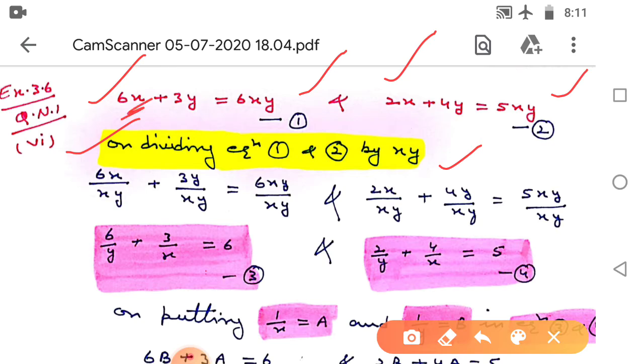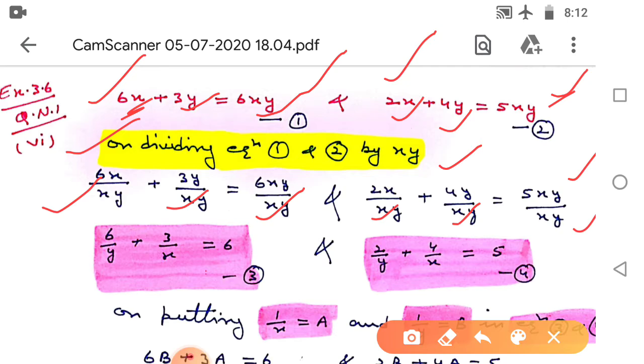So 6x upon xy, 3y upon xy, 6xy upon xy. Clear? Now to equation number 2: 2x upon xy, 4y upon xy, and 5xy upon xy.